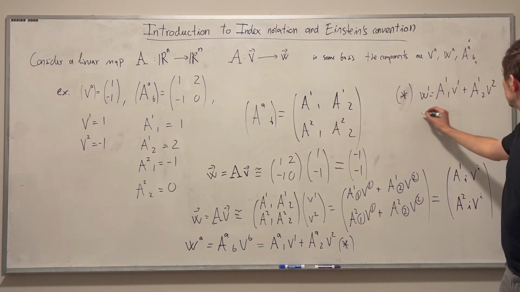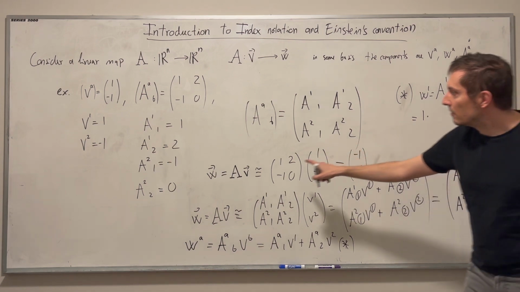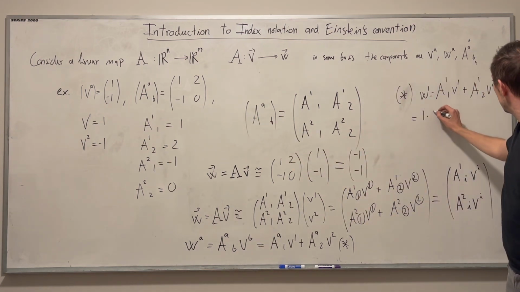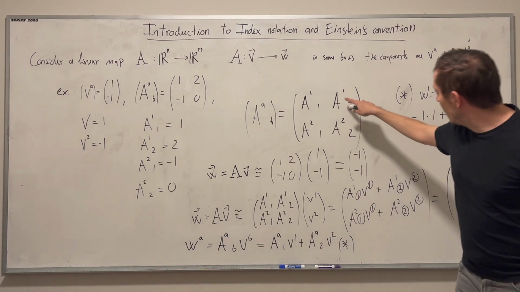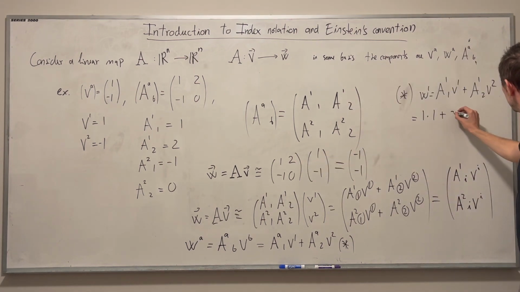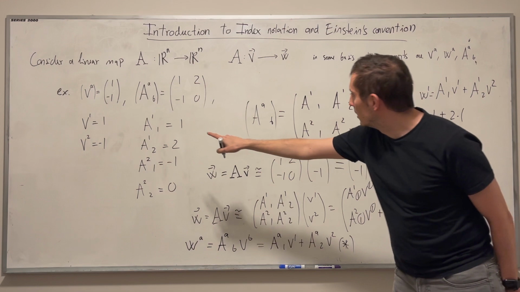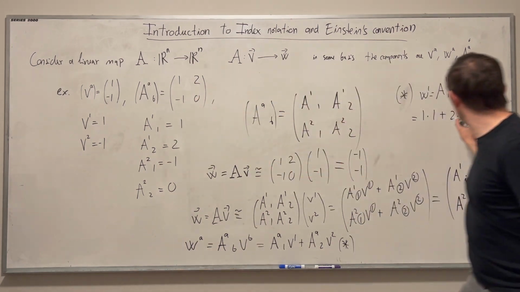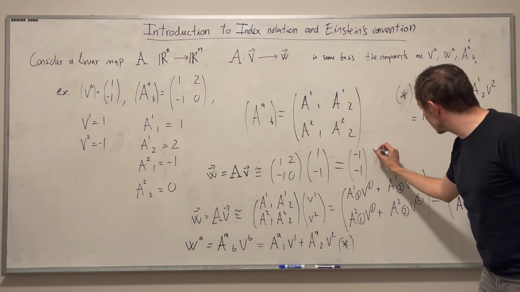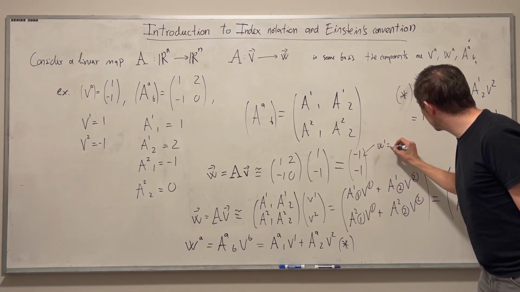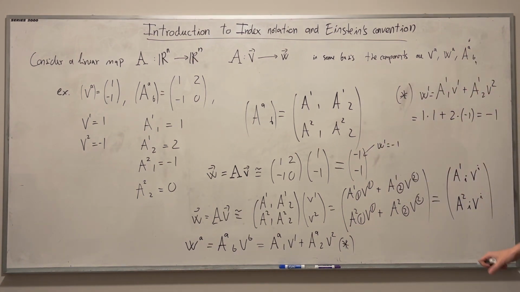A11 is 1, so this is equal to 1 times V1, which is 1, plus A12 V2. A12 is 2, and V2 is minus 1. All right, so what I get is 1 minus 2, so minus 1. Right, W1 is minus 1. Yes, that's exactly it. It's the same as I got with the use of the matrix product.